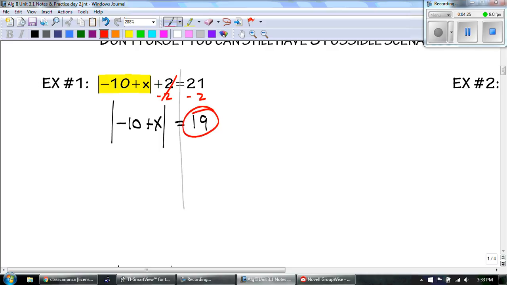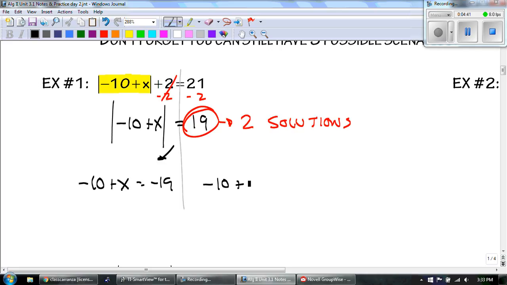And now I can tell that it's a positive. It's going to have two solutions. So then I can break it up to negative 10 plus x equals a negative 19, and negative 10 plus x equals a positive 19.